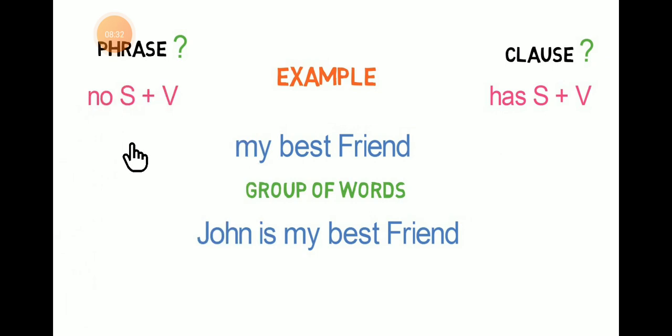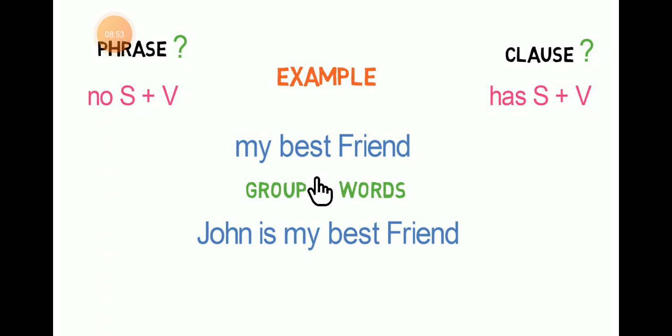In the phrase there is no subject and verb combination, so no S plus V. In this you will not find any subject, or even a verb. Here you will find a possessive pronoun and a common noun, friend.